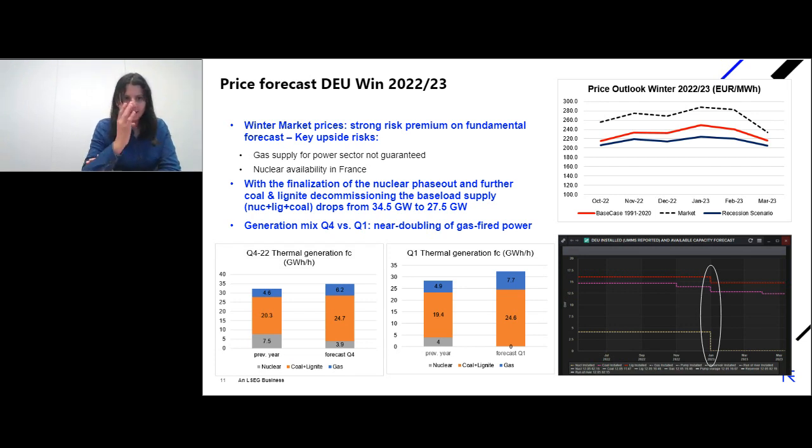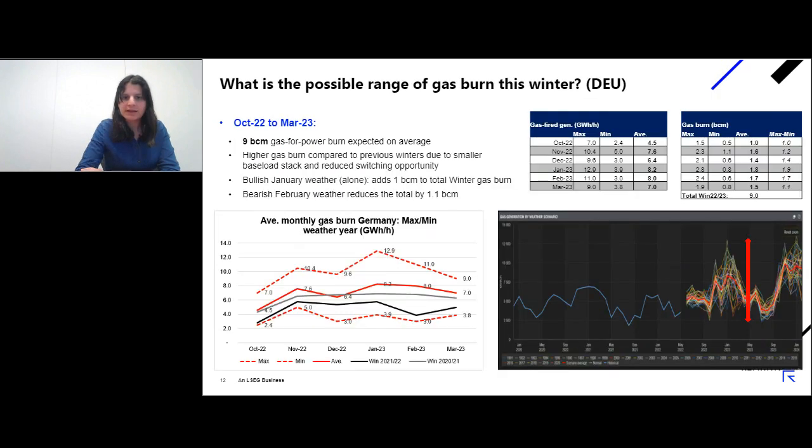So everything I've said now is average values. Here's where we average out the forecast that we get for each weather year that we actually model.